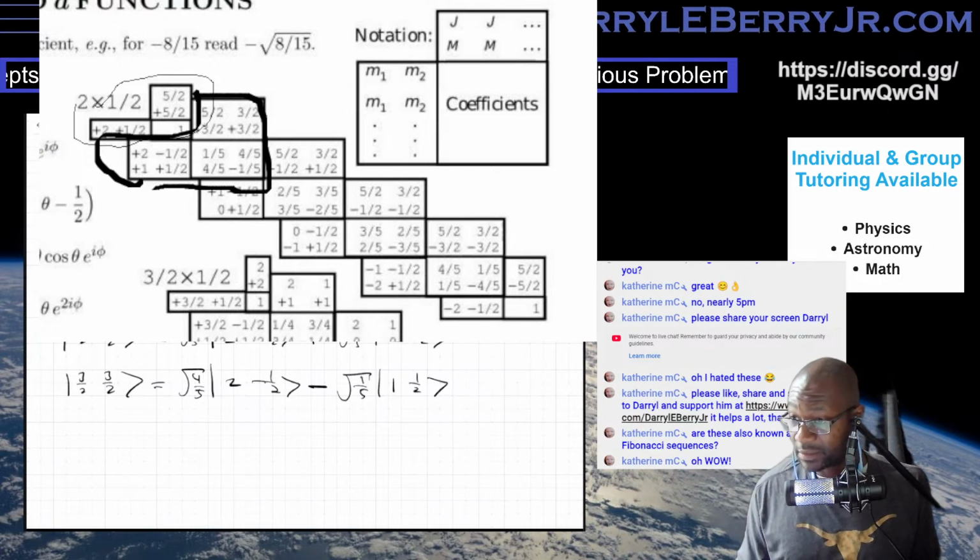And notice that the negative that's in front of the 1/5 goes in front of the coefficient, so it makes that whole thing negative.